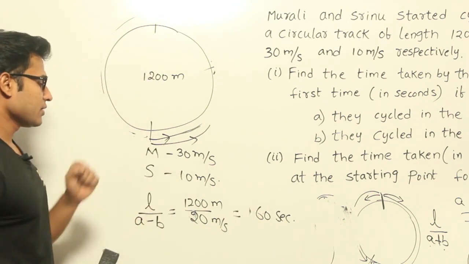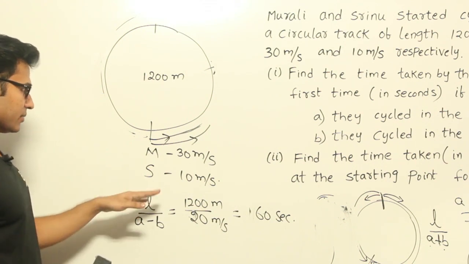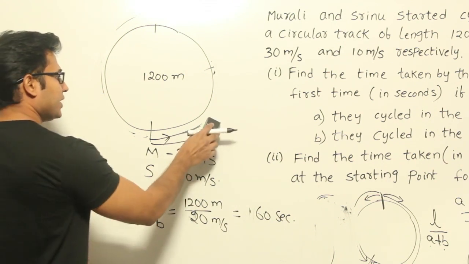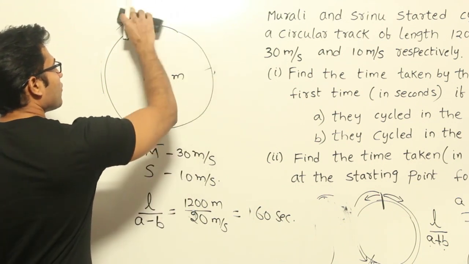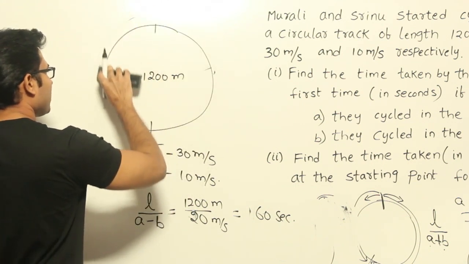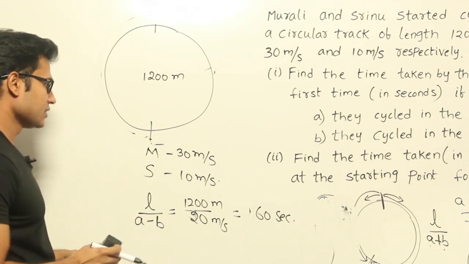So now what do you understand by this? Let's try to analyze it a bit further. I'm saying that at exactly 60 seconds they are going to meet for the first time. So let's see what happens in these 60 seconds.